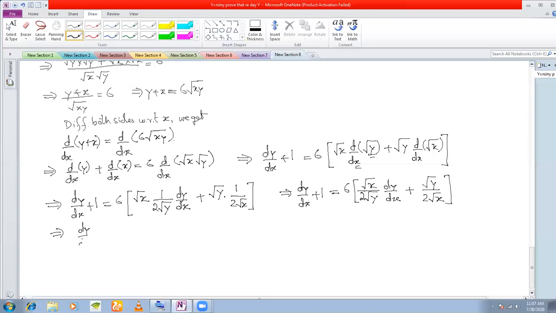dy/dx plus 1 is equal to, if you multiply this, what do you get? 3 root x by root y dy/dx plus root y by root x, let's say 2 root x. Oh, this cancels with 3.